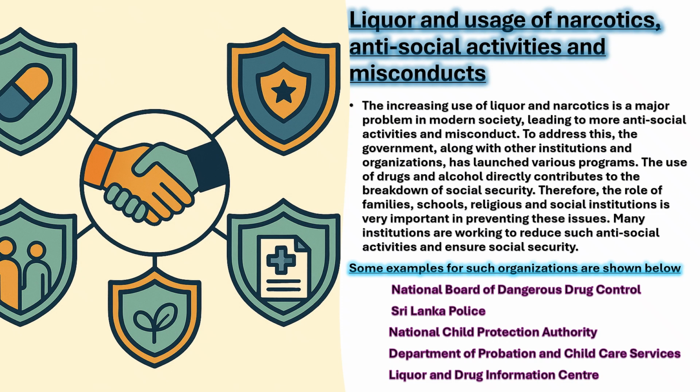The use of drugs and alcohol directly contributes towards the breakdown of society security. Therefore, the role of families, schools, religions, and social institutions is very important in preventing these issues. Many institutions are working to reduce such antisocial activities and ensure social security. Some examples for such organizations are shown below.